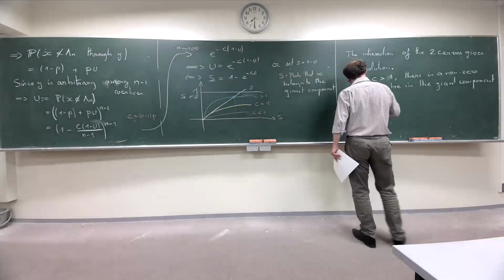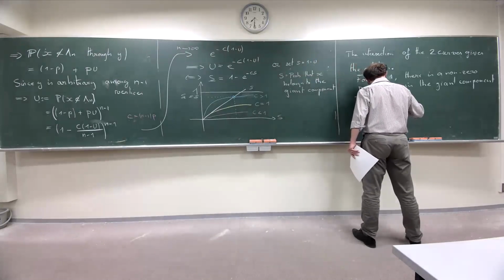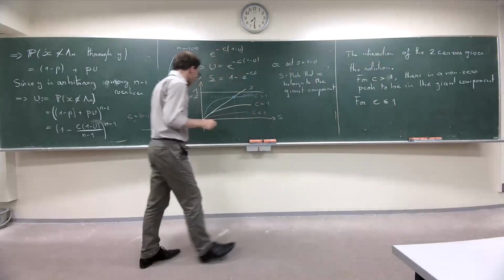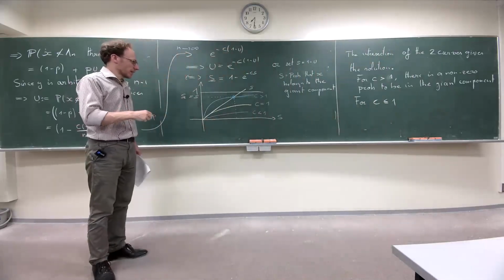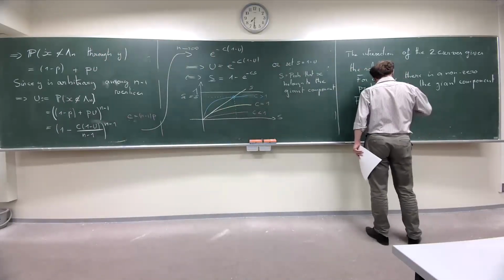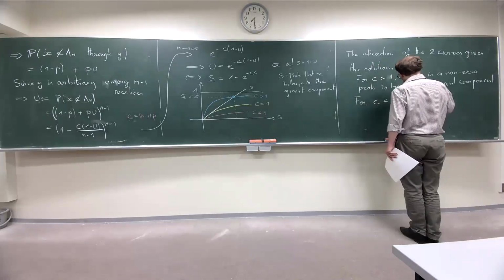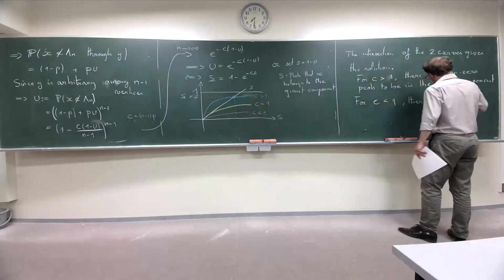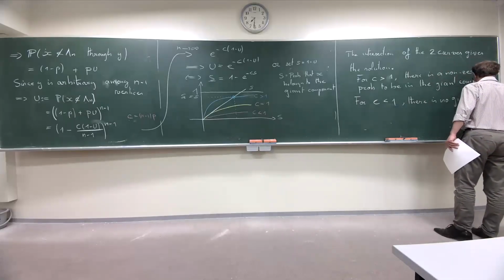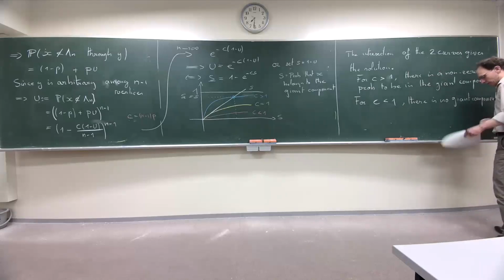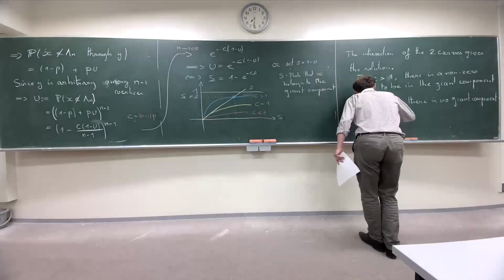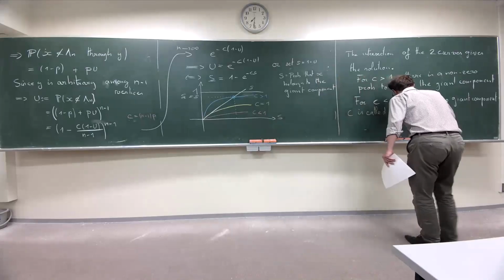For C equal to 1, you need to go a little bit further in the analysis. For C strictly smaller than 1, there is no giant component, because the probability to be in it is 0. So C is called a phase transition.